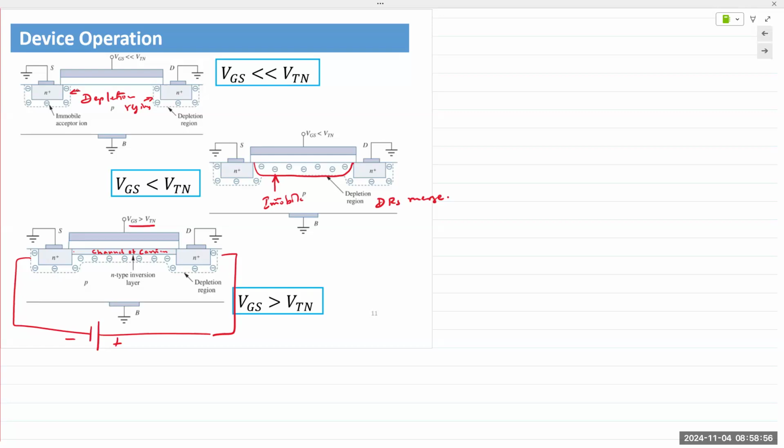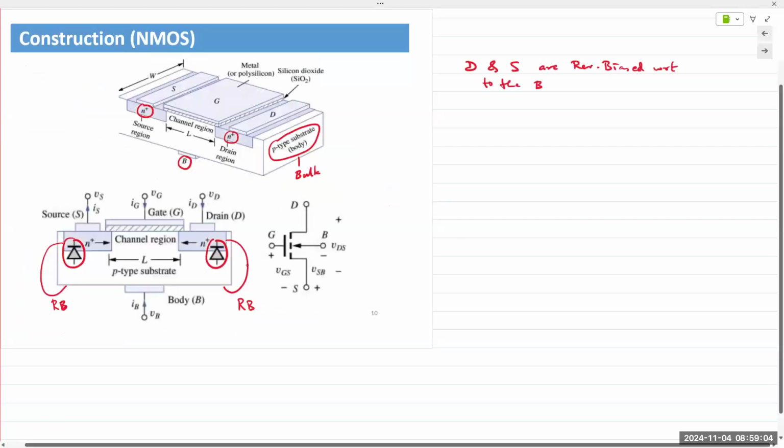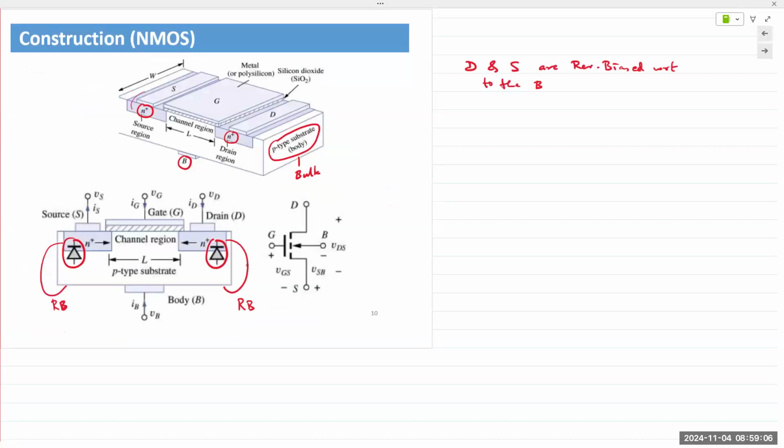So for an N-channel MOSFET, we start with a P-type substrate and implant two N-type regions right here and right here. Those are the drain and source. The current between the drain and source is controlled by a third electrode, which is the gate. The channel must be created.